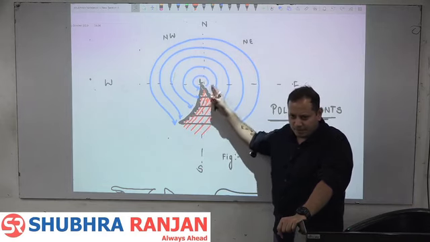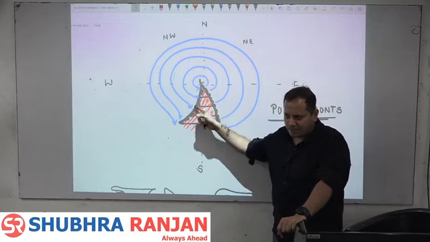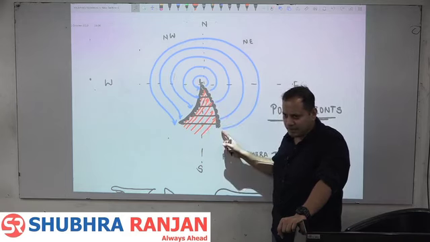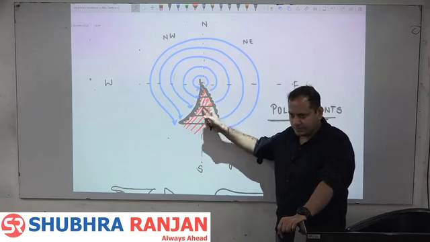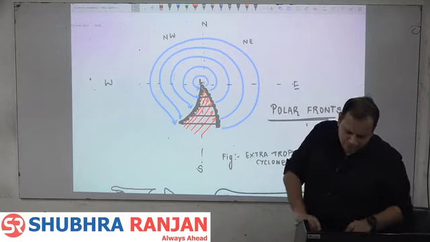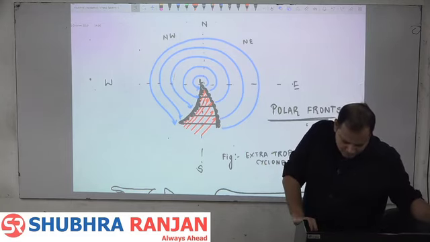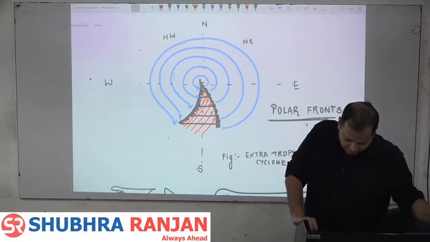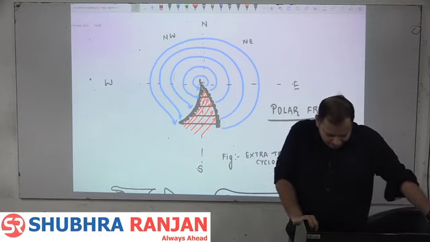They take the shape of V or inverted V. No need of mentioning inverted V, just V. Therefore, they are also known as V-shaped depressions.